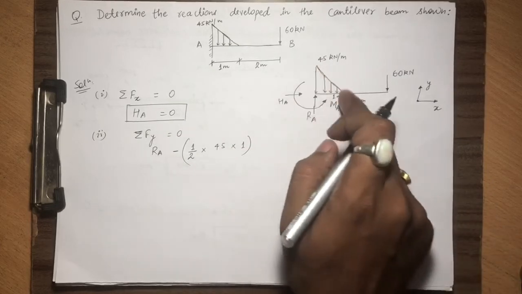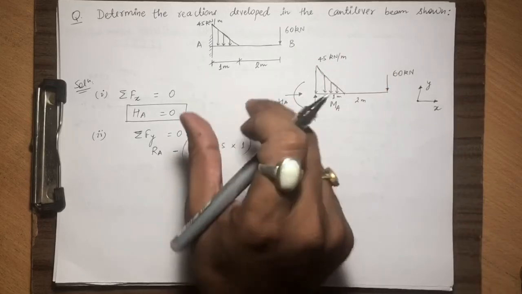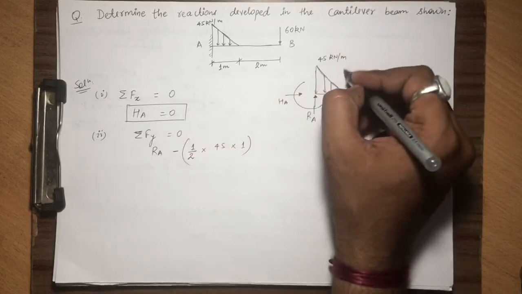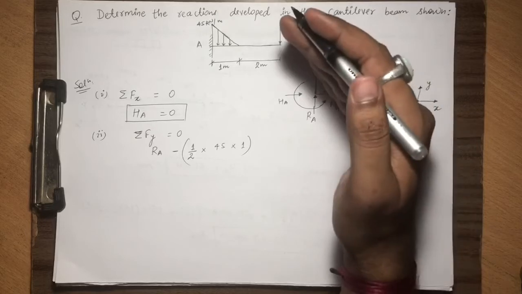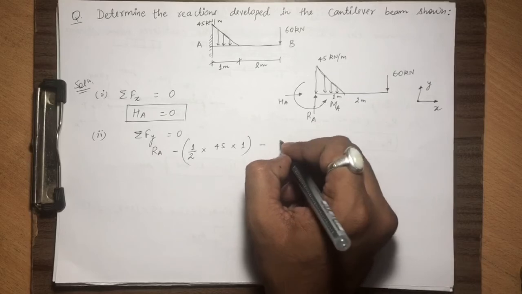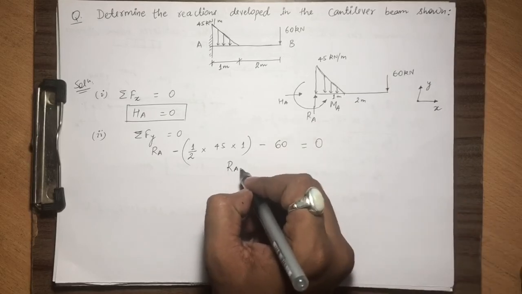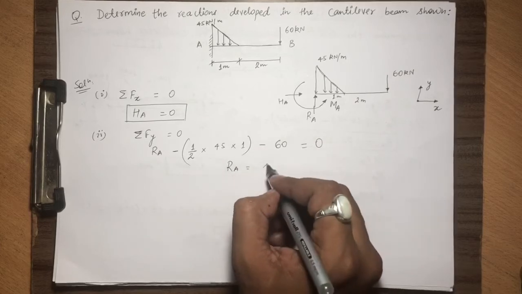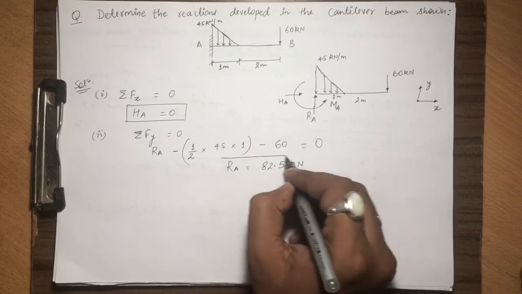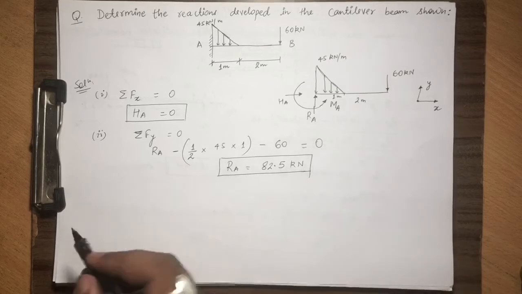In UDL, we were multiplying the magnitude with distance, so the total area of rectangle, but here the area is triangular, so half base into height, minus 60 is equal to 0. So RA will be 82.5 kilonewton. Any problem? No problem.